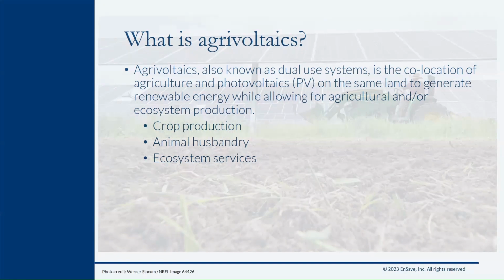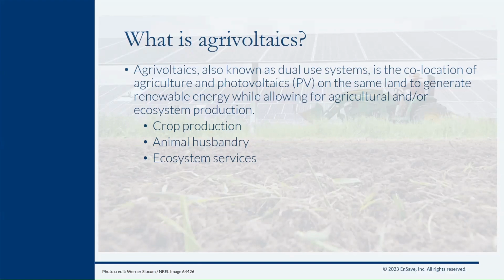So, agrivoltaics, first slide here, just a brief definition of what that is. The term agrivoltaics is a fairly new phrase, so it may not be something everyone has heard of, but most everybody has heard of a dual use system, and that's exactly what agrivoltaics is. For our purposes specifically, it's where agricultural production can take place on the same land as your photovoltaic, or PV, system.